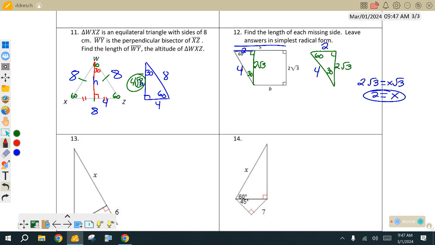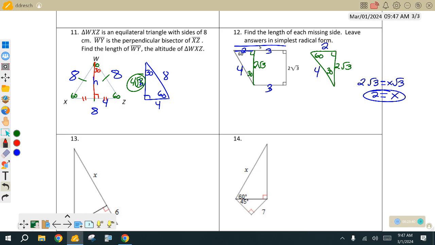Yeah. B is right here. So 2 plus 3 is 5. Yeah, B is just 3. It's not 2√3. I said 90-60-30 confidently. So right there, that 5 is 2 and 3 together. That's where that 3 is coming from, not 2√3.